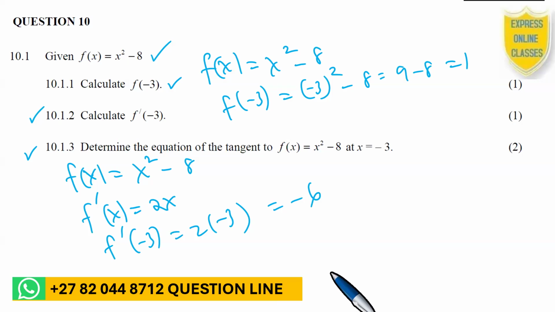Determine the equation of the tangent to f of x equals x squared minus 6 at x equals minus 3. Okay, let us know when you're done, please.